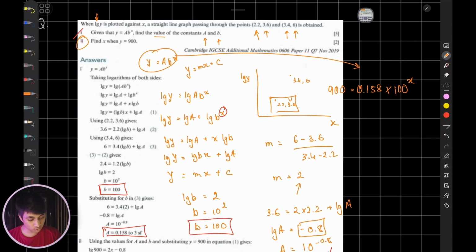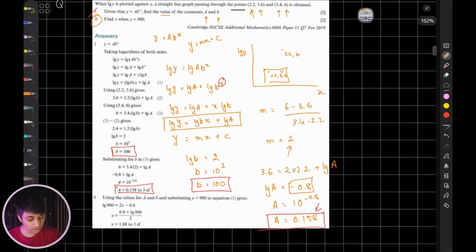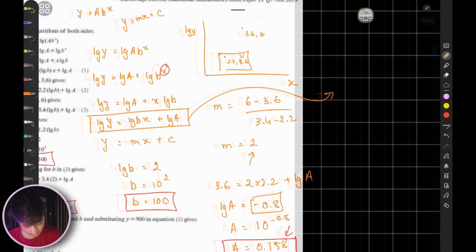Now for that, you already have an equation. You have already linearized this nonlinear formula. So why bother plugging into the main equation, when you can plug the values into the linearized formula that you have worked hard to find?